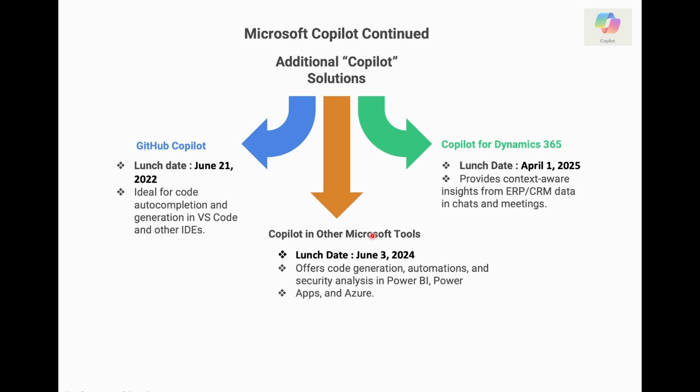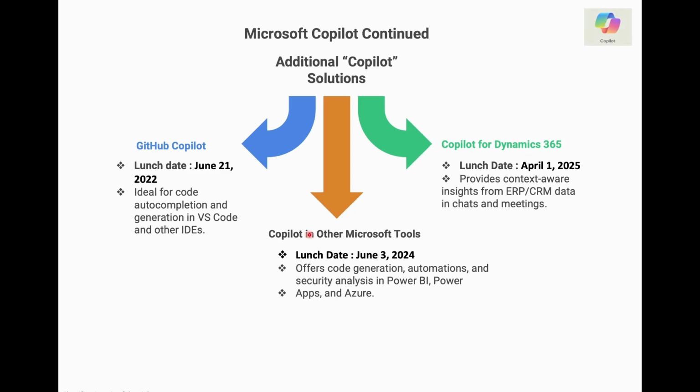Copilot is not limited to Microsoft 365 only. It is a part of a much bigger ecosystem. Here you can see GitHub Copilot, which helps you develop or write code very fast with real-time AI suggestions. Then we have Copilot in Dynamics 365, which assists with sales, marketing or customer service tasks using natural language.